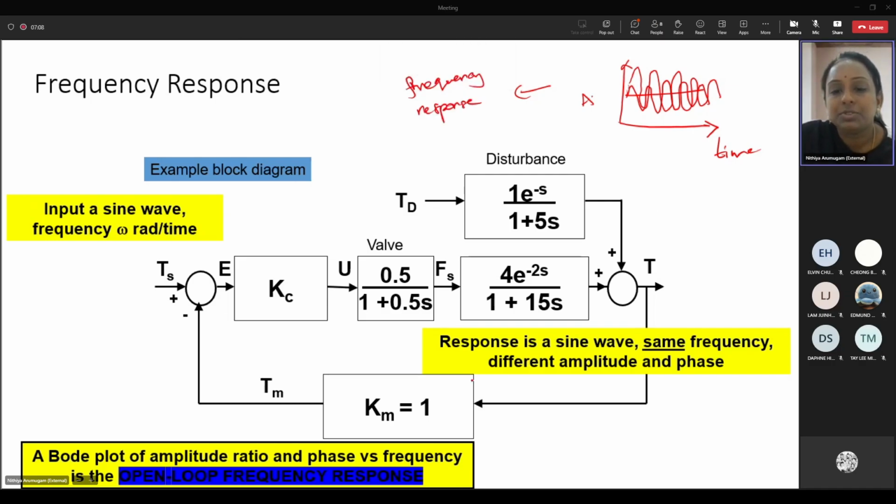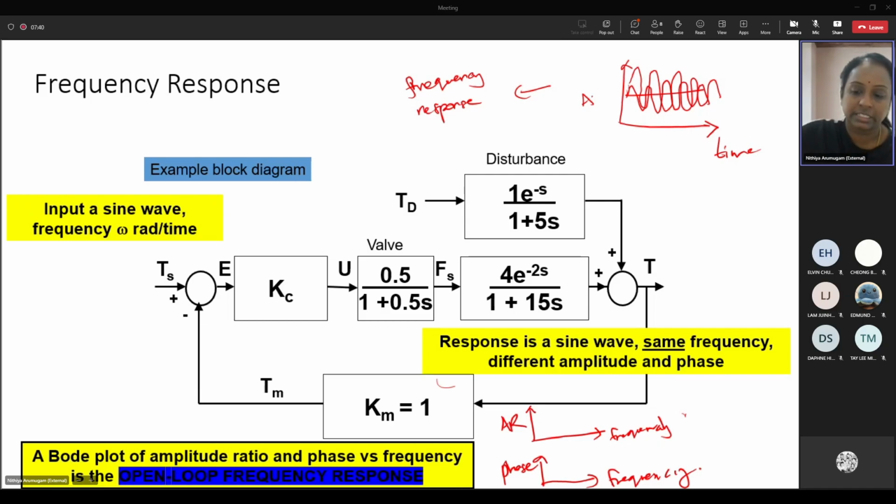Okay, when it comes to the Bode response, the Bode plot will be basically amplitude ratio versus frequency. All right, or another plot, phase versus frequency. So in the frequency response graph, we will be having two plots in a single diagram, but in the Bode plot, we'll be having two plots in two separate diagrams. So that's the difference between the Bode plot and the frequency plot.